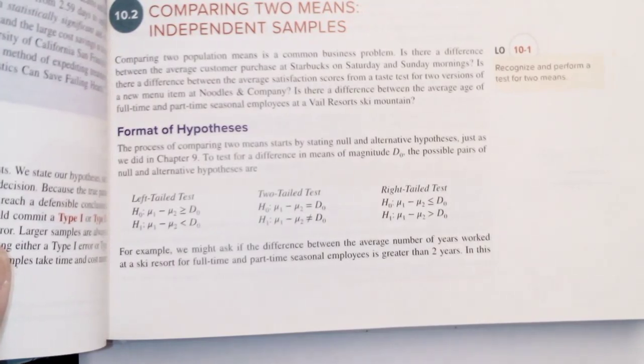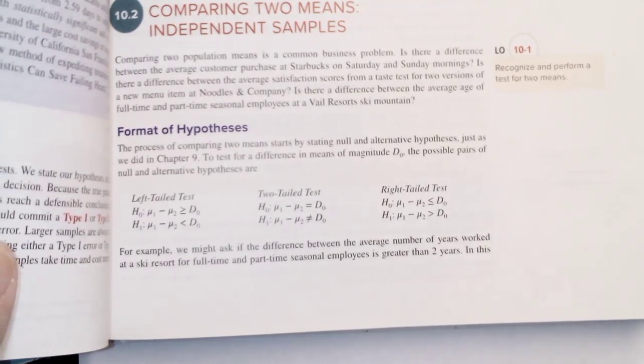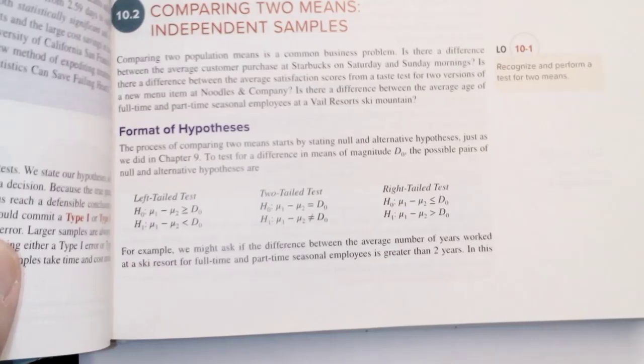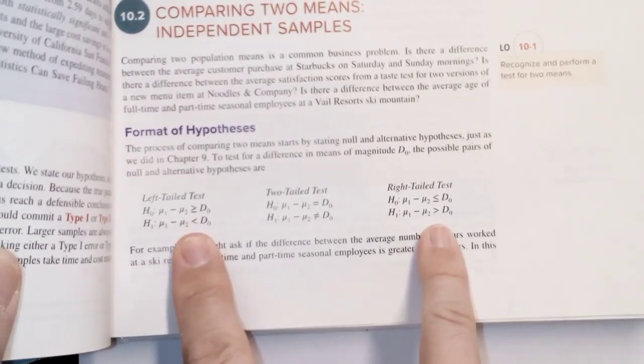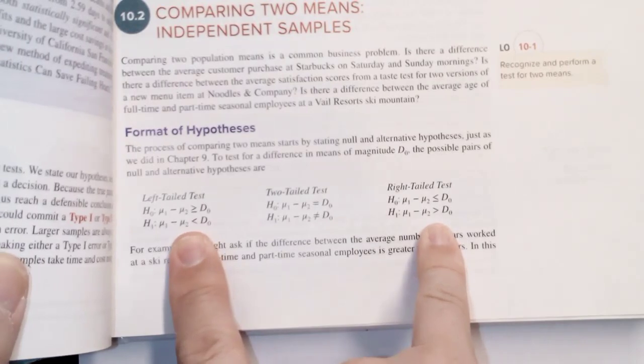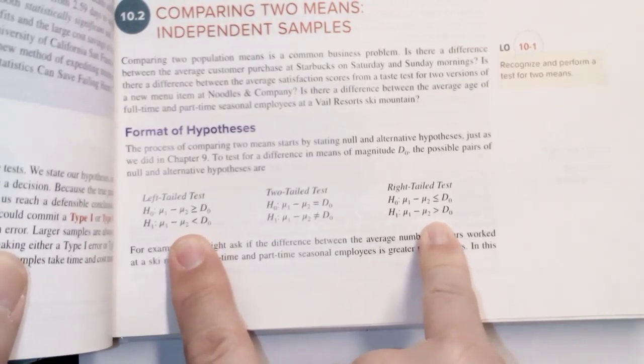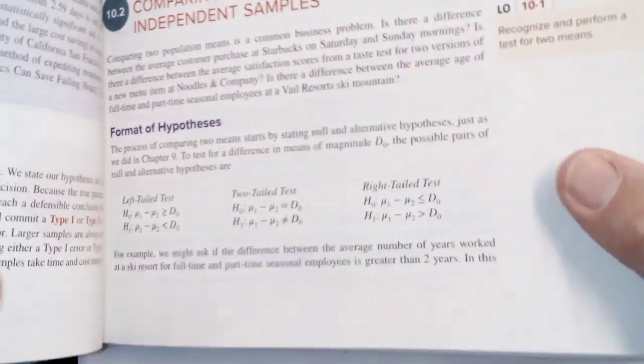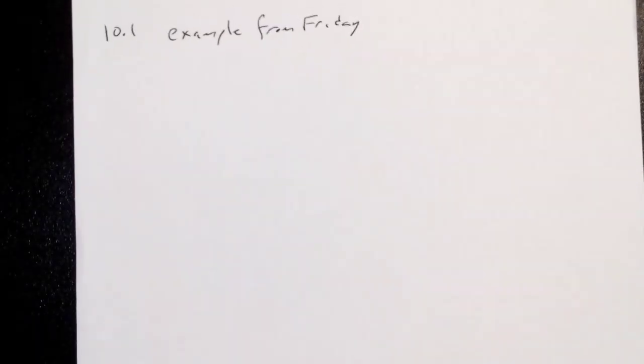So I'm going to use one of these two. It depends on which population I call population 1 and which population I call population 2. So if I know which population is 1 and which population is 2, that'll tell me which tail I'm going to use.